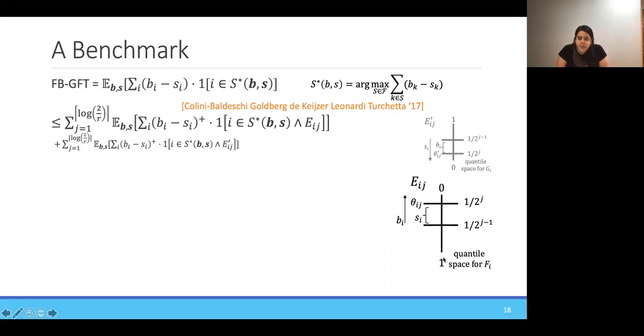Okay. And so I'm going to divide quantile space into these theta j's, just doing the standard divide by 2. So we have all of the 1 over 2 to the j's for log 1 over r j's. For each theta at 1 over 2 to the j, I'm going to look at the event between 1 over 2 to the j and 1 over 2 to the j minus 1.